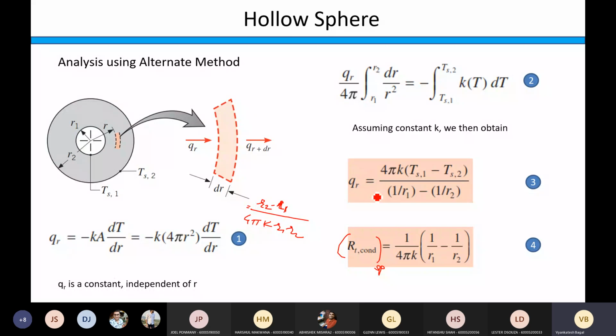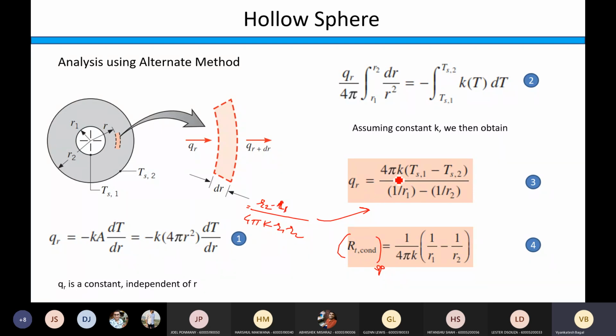So we know how to find out the heat conduction in case of a hollow sphere in the radial direction using the expression 4 pi k times the temperature difference delta T divided by the bracket 1 upon R1 minus 1 upon R2, or you can write the expression using this kind of term. It will be simply (T1 minus T2) divided by R conduction.